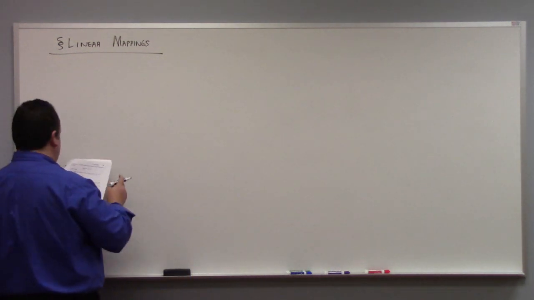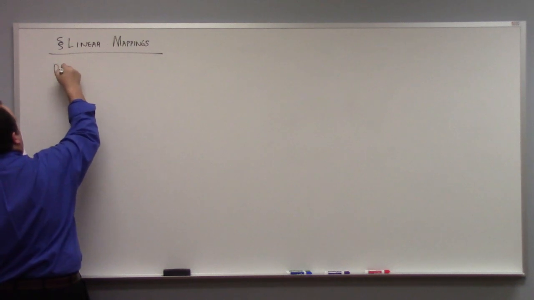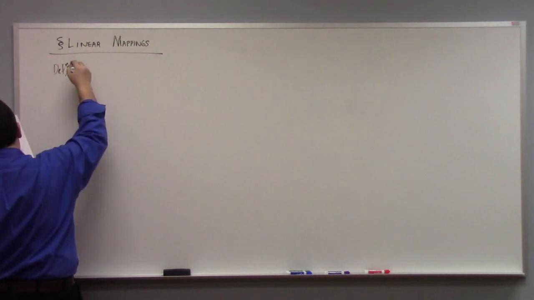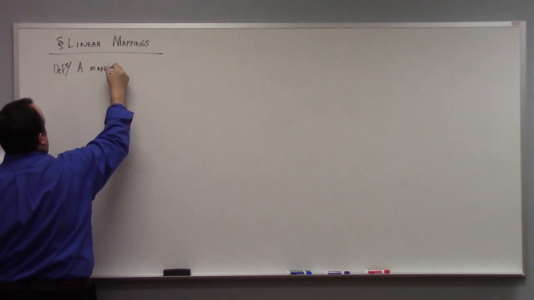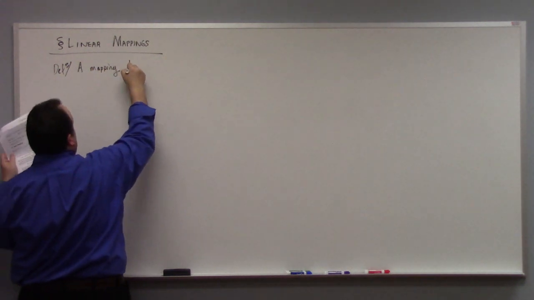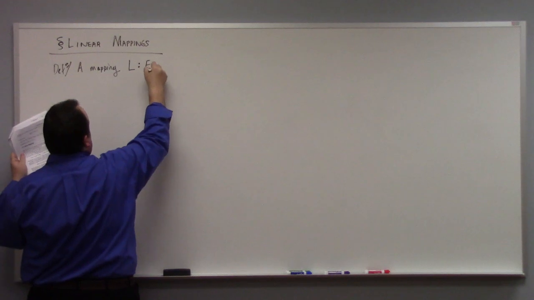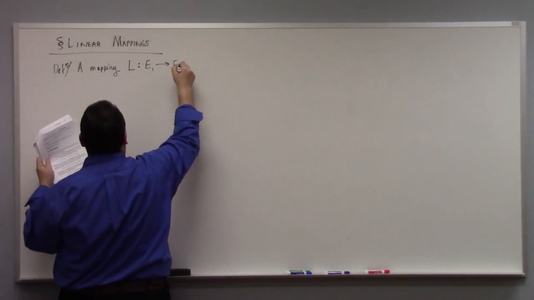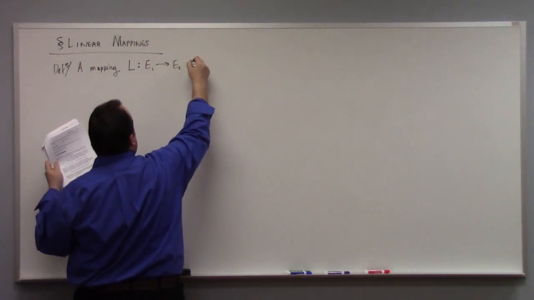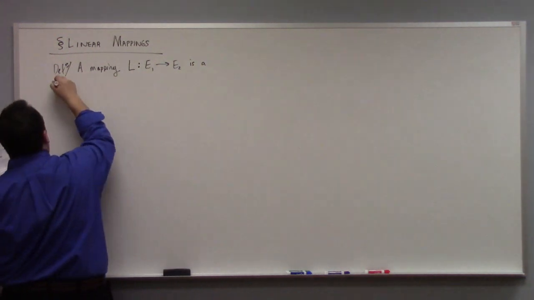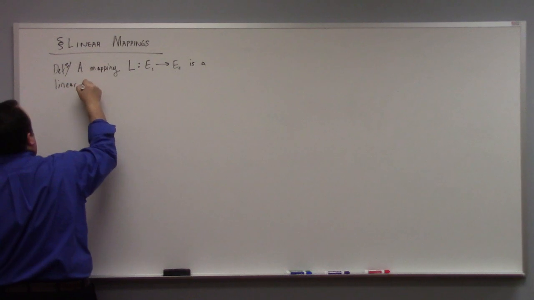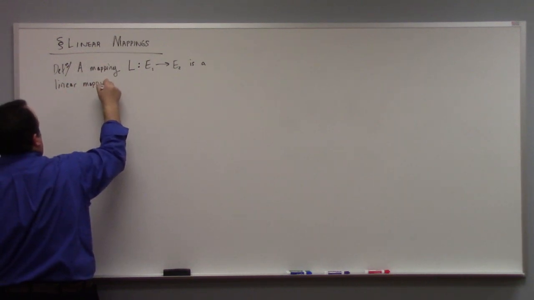All right, so definition, a mapping L from E1 to E2 is a linear mapping, right?